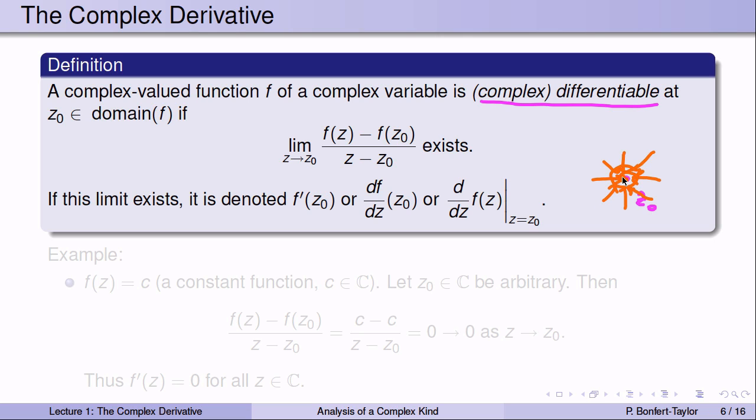There's lots of different ways of having z approach z0. And so for this limit to exist, it's a little harder to check than in the real case. If this limit exists, it's denoted f prime of z0. Sometimes we also use the notation df dz as a derivative of f with respect to z at z0, or just d dz of f of z at z equals z0.